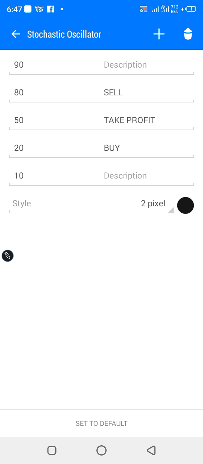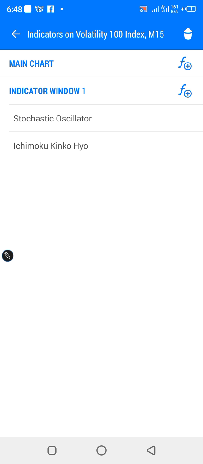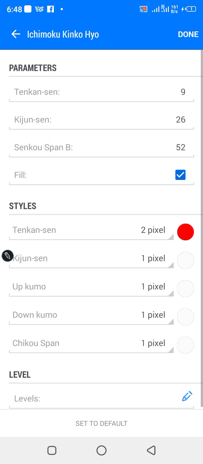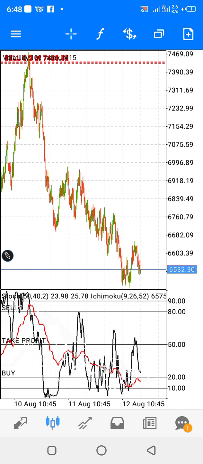You come to the levels here, you have the 90, 80, 50, 20, and then 10. I think this is very simple for you to do. And then you go to the Ichimoku, you have the 9, 26, 52, 2 pixels, and everything is set for you here. You go down, and then you have this here.